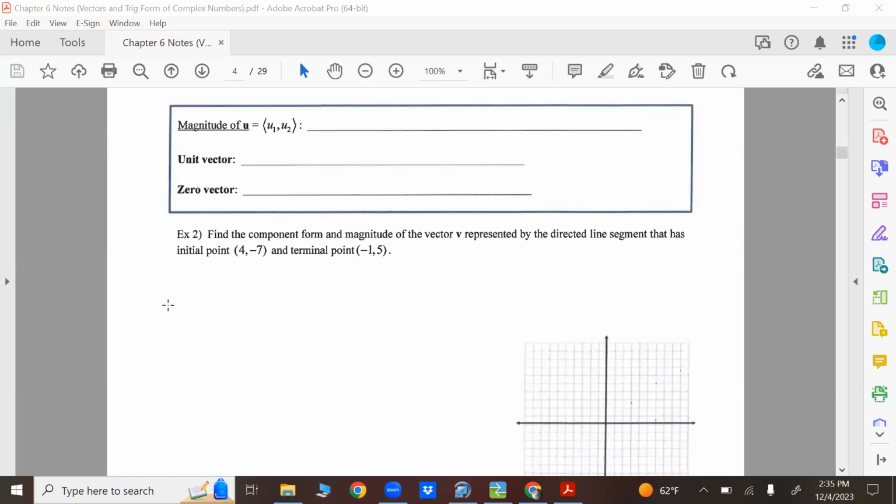So magnitude of U. Again, we write it like this. It kind of looks like a V, my apologies. All it really is, is the square root of U1 squared plus U2 squared. So, for example, we have this, right?